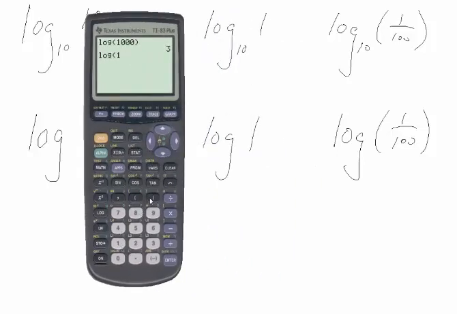Log 1 equals 0. That means 10 raised to the 0 power equals 1, which is true of anything raised to the 0 power. And then log of 1 over 100 equals negative 2, as we saw before. So what the calculator does is lets us find anything with a base of 10.